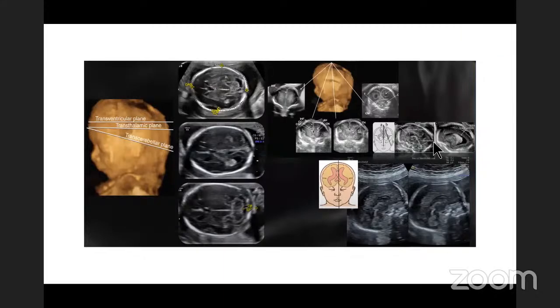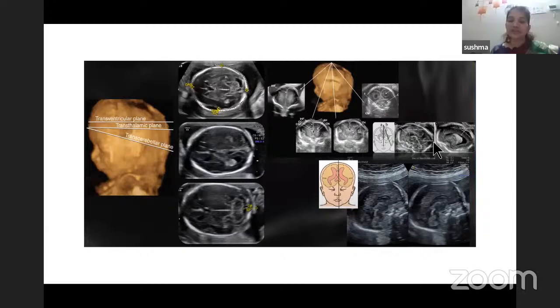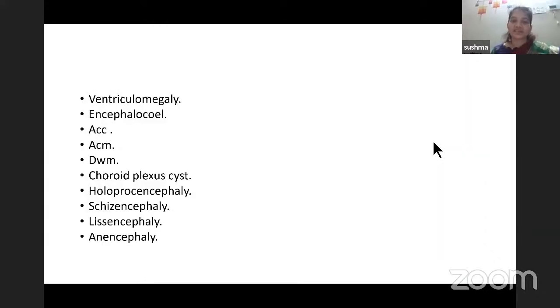Okay. Now we'll move on to discuss a few common anomalies in the fetal central nervous system. The list of the anomalies is this. I'm actually not going to discuss all of these; I'm only going to show images of them at random.